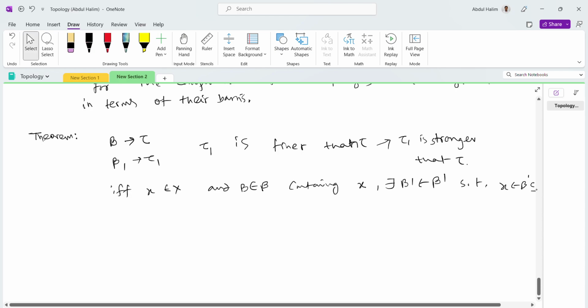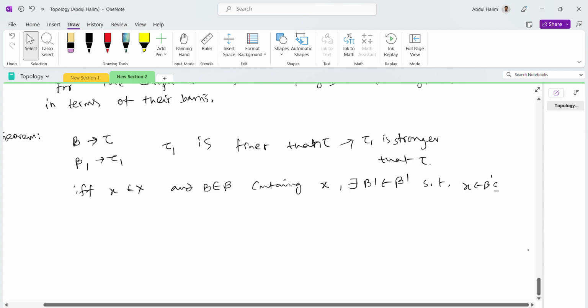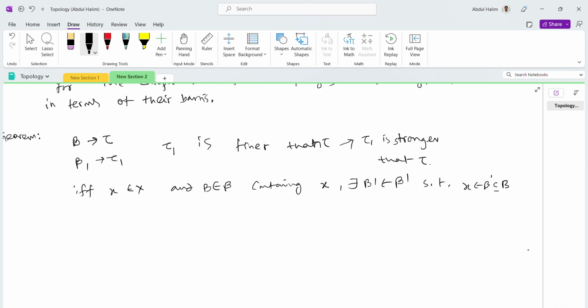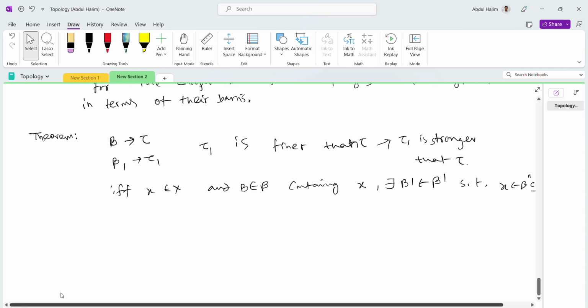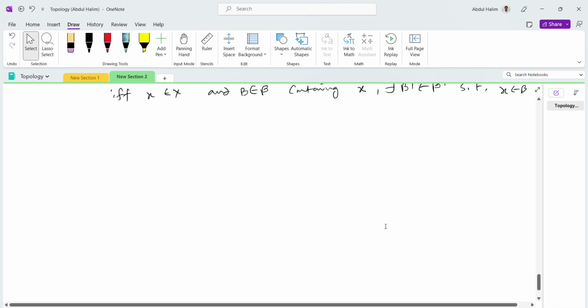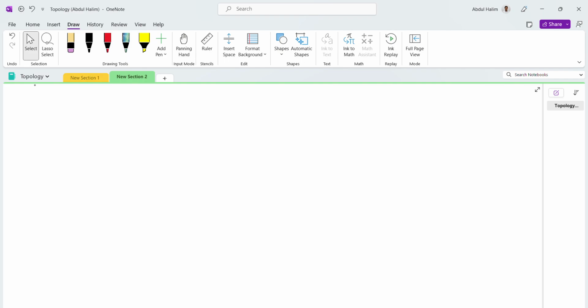What will be the effect on the base? If and only if the effect is, for each x and each b belonging to the collection beta containing x, there exists a b dash belonging to beta dash such that x belongs to b dash subset of b.